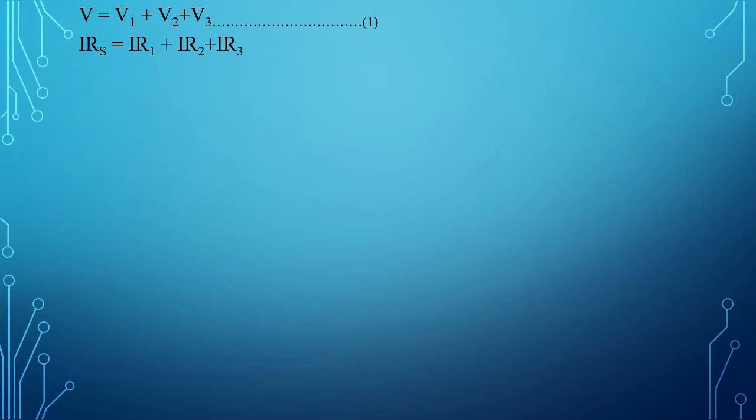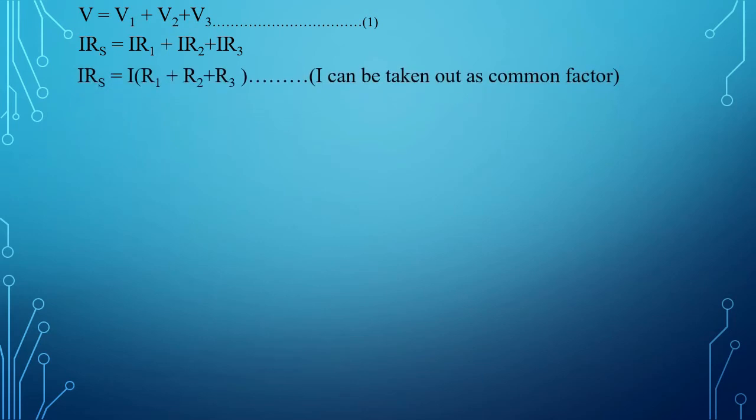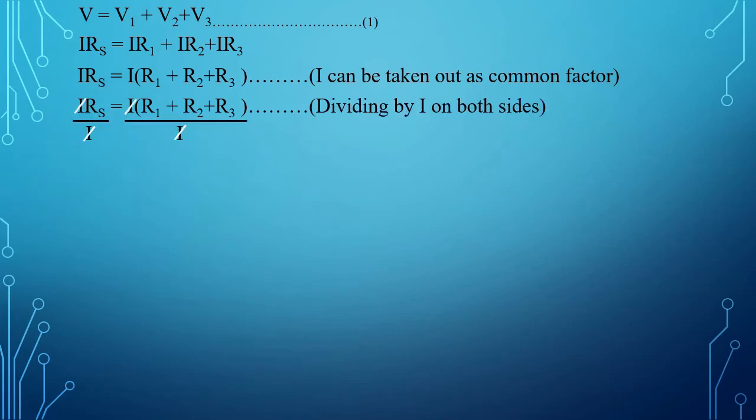So we get I Rs is equal to I into bracket R1 plus R2 plus R3. Now let us divide both the sides by I. So we get Rs is equal to R1 plus R2 plus R3.